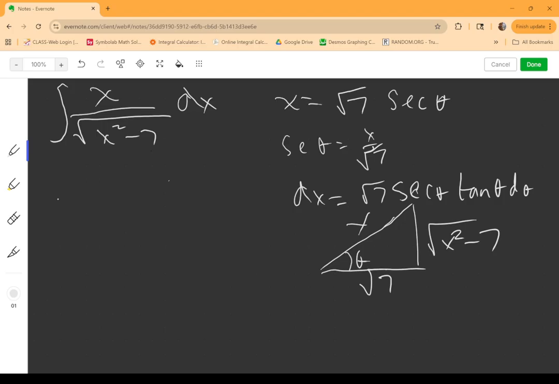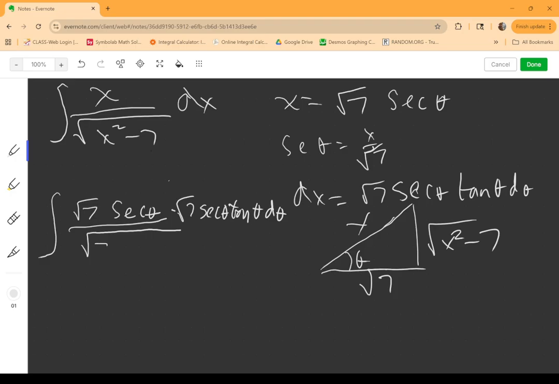So when we substitute, we get the integral. x is root 7 secant of theta, times dx, which is root 7 secant theta tangent theta d theta, and all of that over the square root of 7 secant squared theta minus 7.